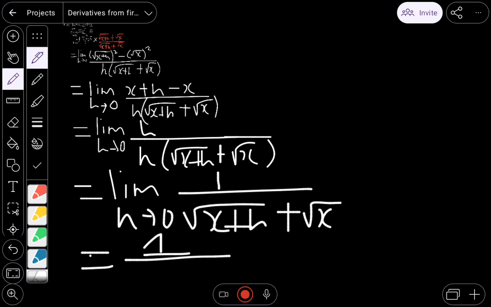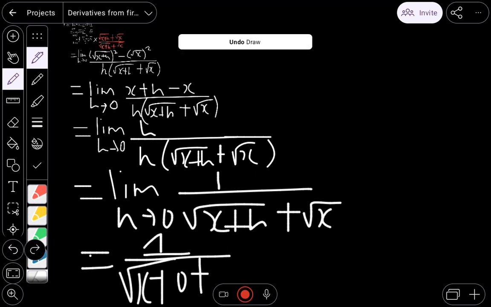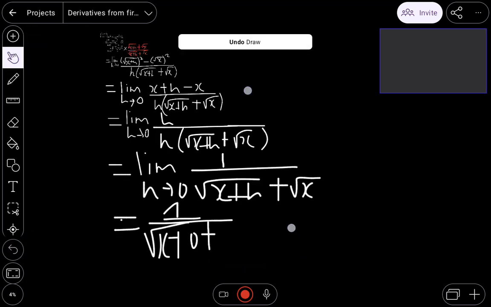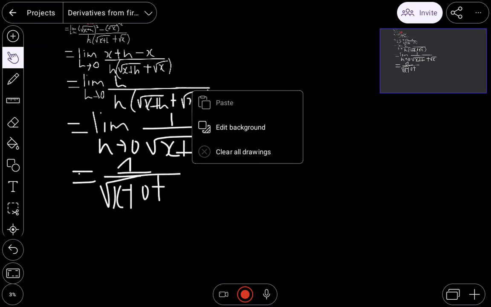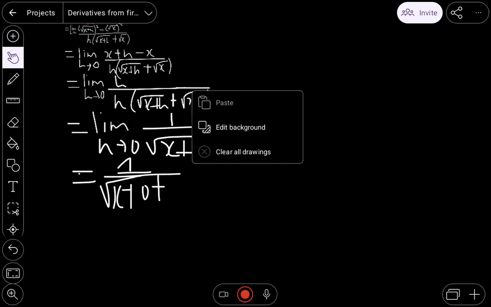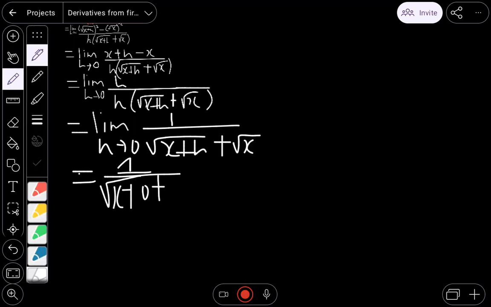So when I substitute there, I get x plus 0 plus the square root of x. Let me move this again. Here's the pen again, white color.